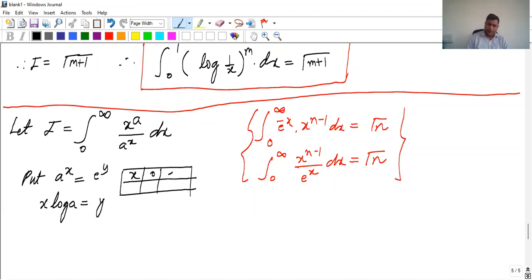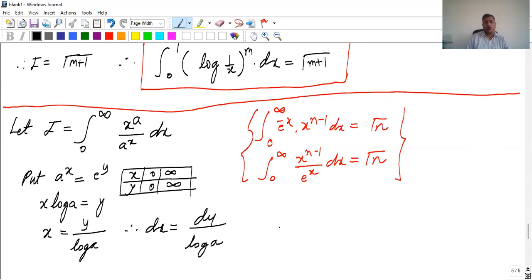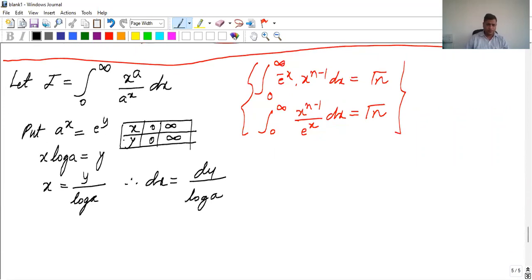When x is 0 to infinity, y will be 0 to infinity. Hence x is equal to y upon log of a, so dx is equal to dy upon log of a. So we know the value of x, the value of a raised to x, and the value of dx. So we are able to rewrite this integral.